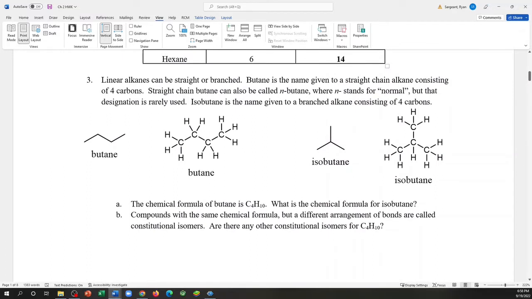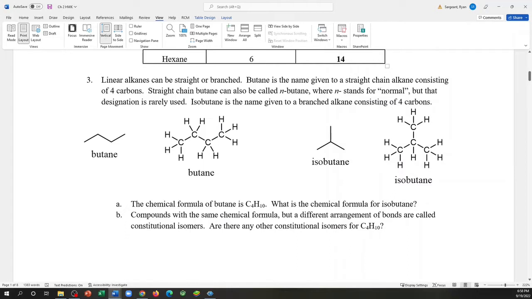Alkanes can be either a straight chain, like we see here with butane, and then here's the full Lewis structure of butane, just 2 representations of the same compound, or you can have a branched chain alkane. This is where there is a continuation of carbons in one direction and another continuation of carbons in a different direction.